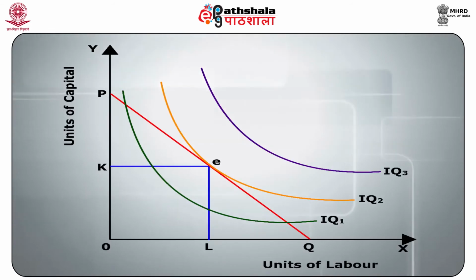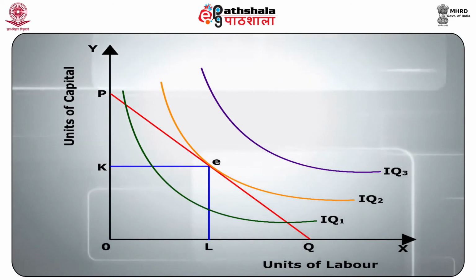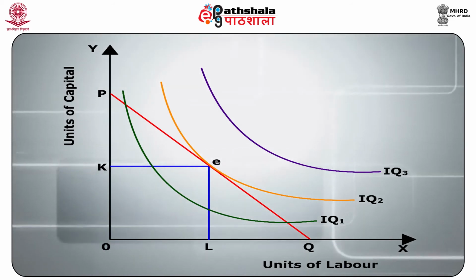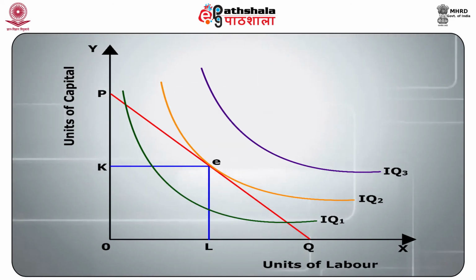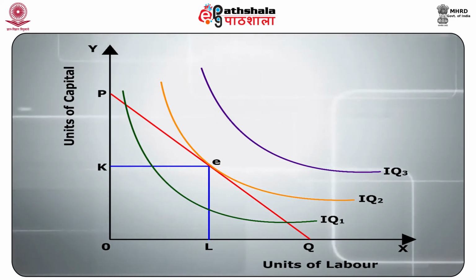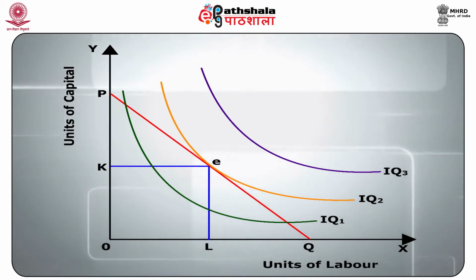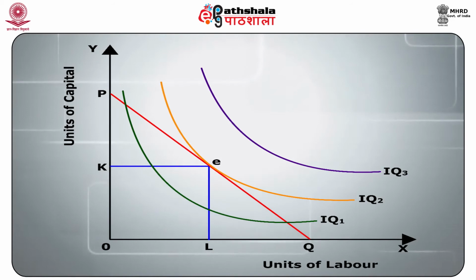In the figure, point E is the equilibrium point where isocost line PQ is tangent to the isoquant IQ2. Therefore, he will employ OL units of labor and OK units of capital to maximize his output given the cost of production. Any point on the higher isoquant IQ3 is desirable but not attainable subject to the cost constraint.